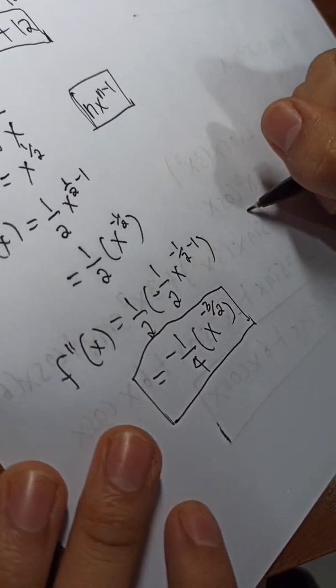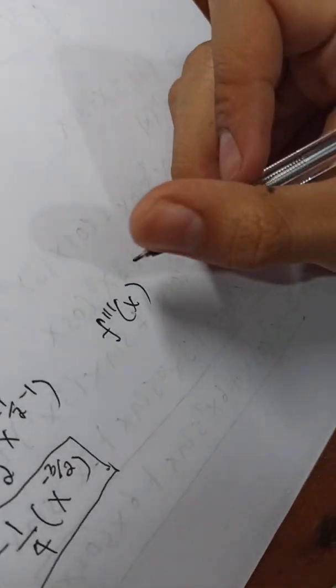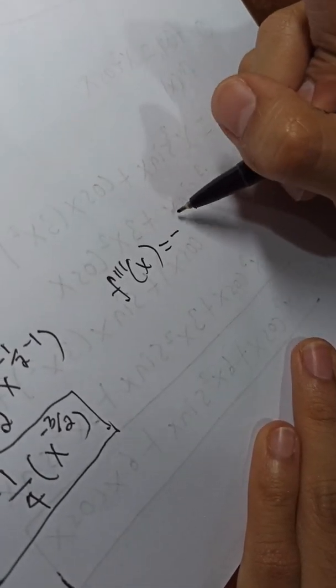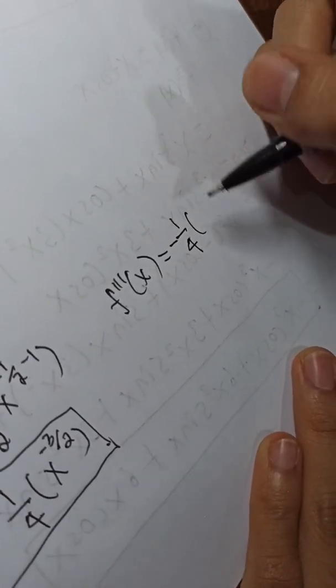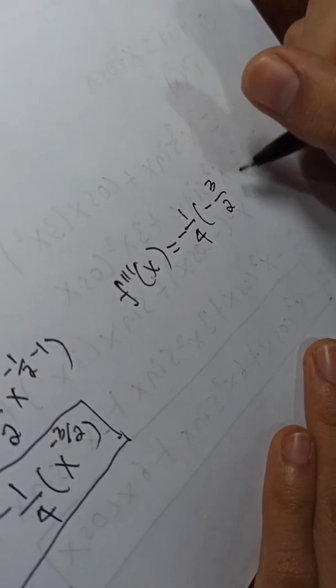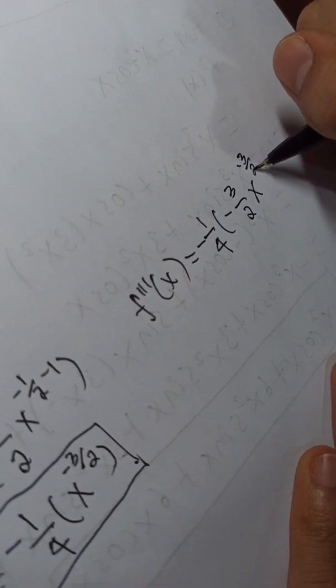To get our third derivative, we'll again do the same. So f triple prime of x is equal to negative 1/4 times negative 3 over 2 x raised to negative 3 halves minus 1.